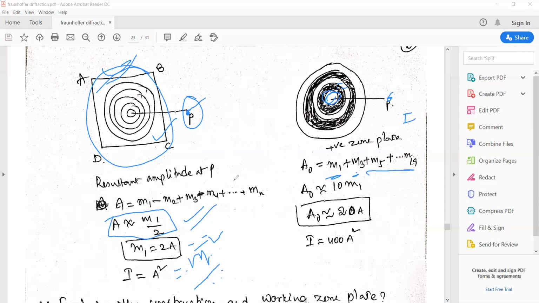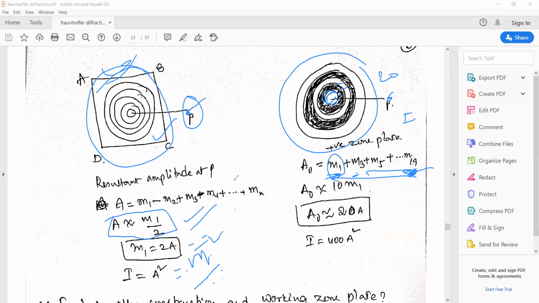Considering only 20 zones, you will get up to 10 odd zones, so the total will be something like 10 m1. All zones will have the same amplitude, so you get 10 times the amplitude of m1.